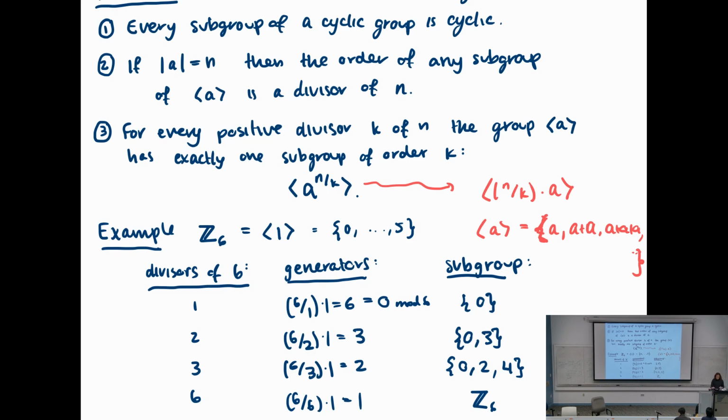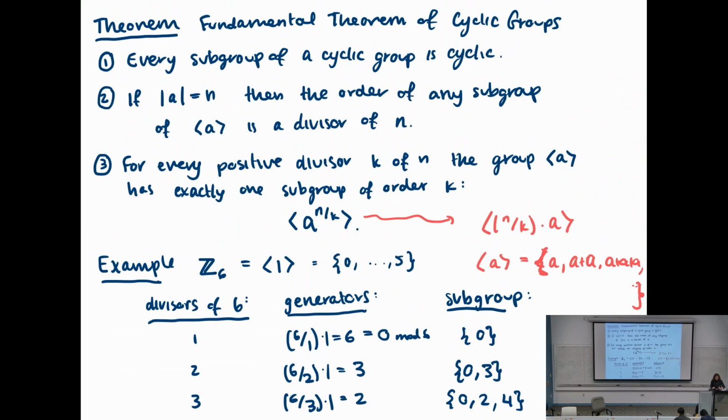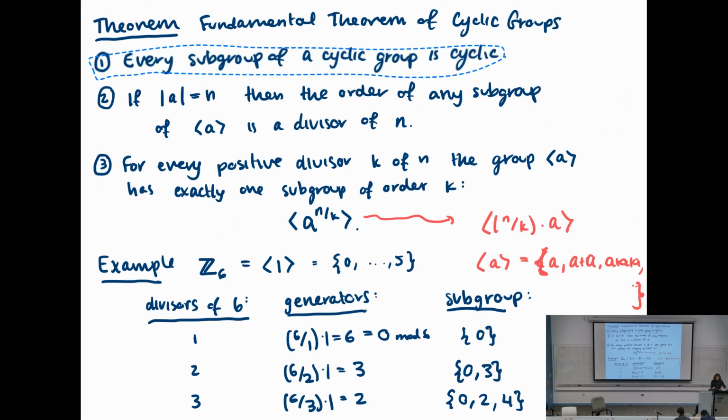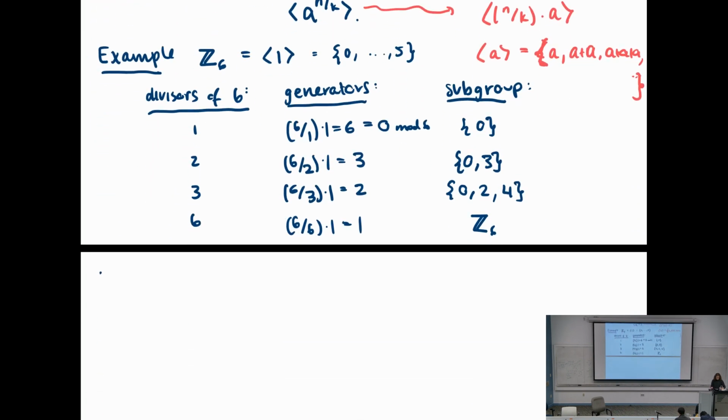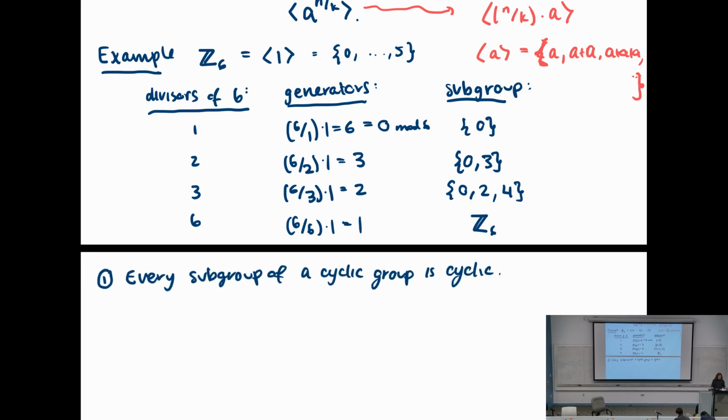Okay, so let's prove part 1 of the theorem. So we're going to prove that every subgroup of a cyclic group is cyclic. Okay, so I'm actually just going to copy this. The way that I'm going to do this is I'm going to take an arbitrary subgroup of my group.